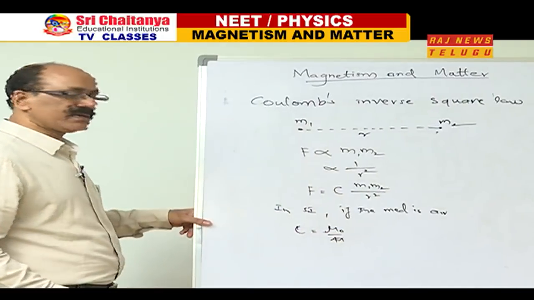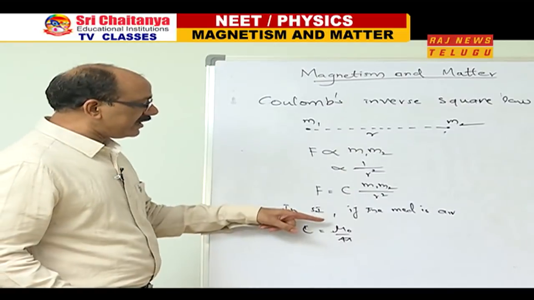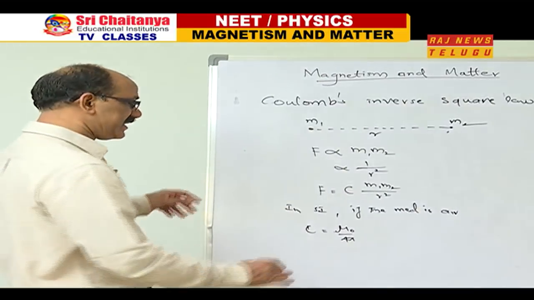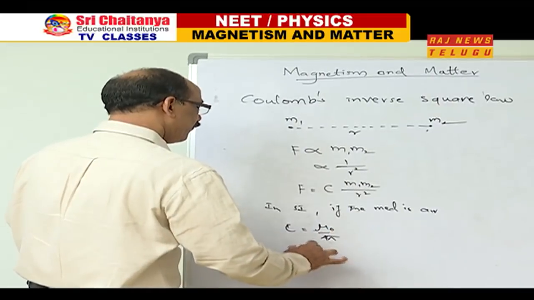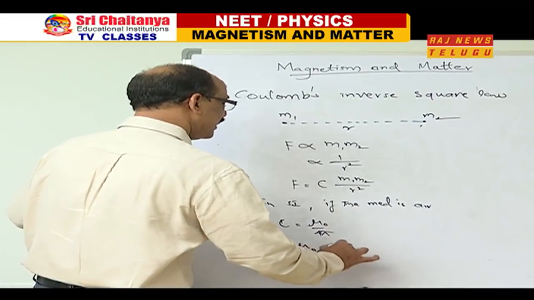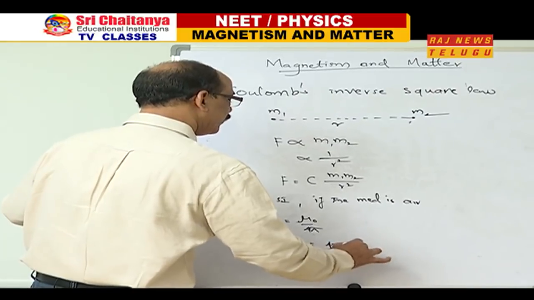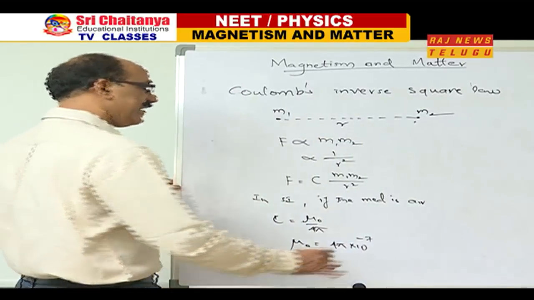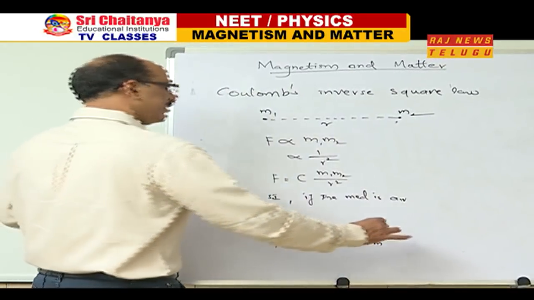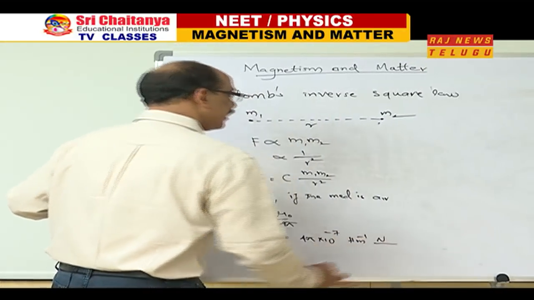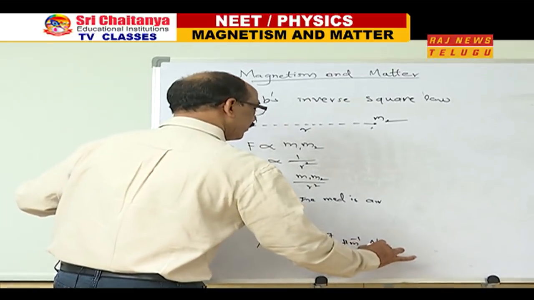This mu naught is called the permeability of vacuum or free space. The permeability of vacuum or free space is equal to 4 pi into 10 to the power of minus 7 Henry per meter or Newton per ampere square.